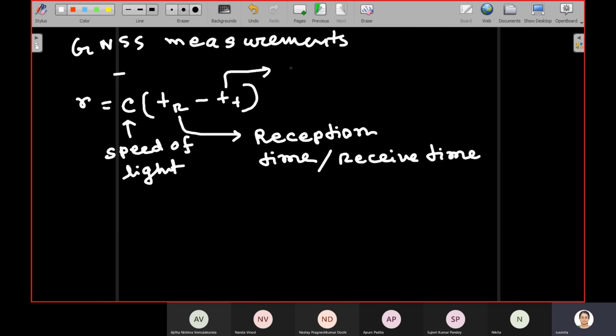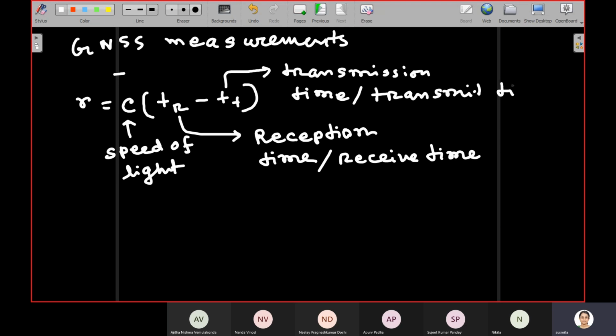Then similarly, this is transmission time or transmit time. Okay, so we know that to get the range measurements, we need these two times, right? Receive time and transmit time.